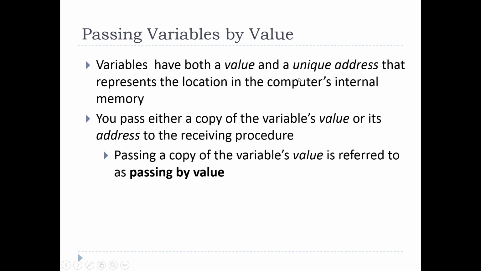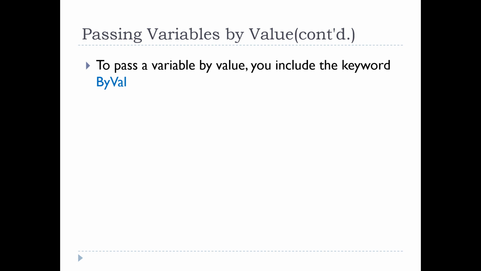It's a memory address that stores some value. So that value is the one that is passed to the function and not the memory address. So we have a variable with num equals 5. If you pass num to a function, then we're actually passing the actual value 5 to it, just a copy of it, and not the actual memory address. So we call that passing by value.